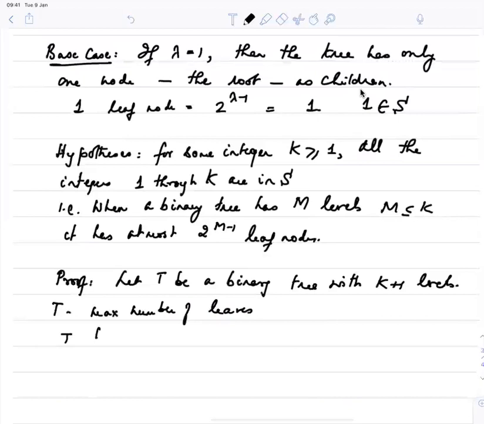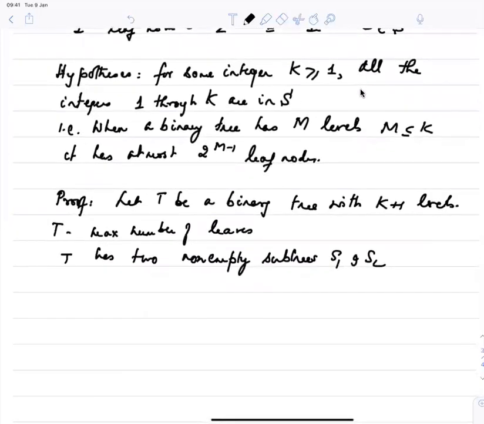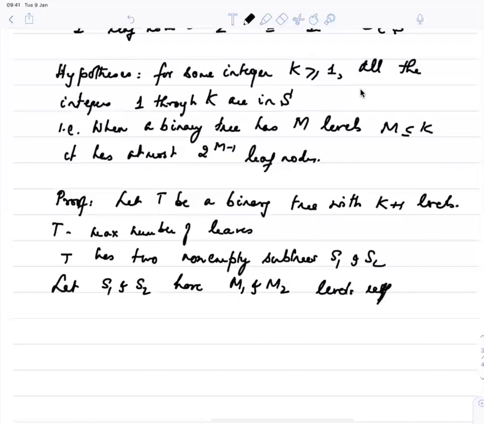T has two non-empty subtrees, S1 and S2. Let S1 and S2 have M1 and M2 levels respectively. And clearly that's less than or equal to K.